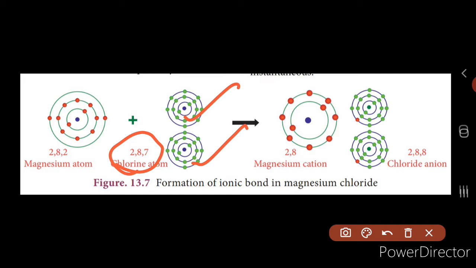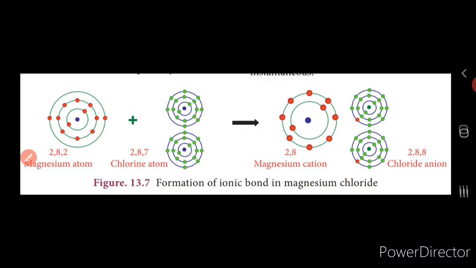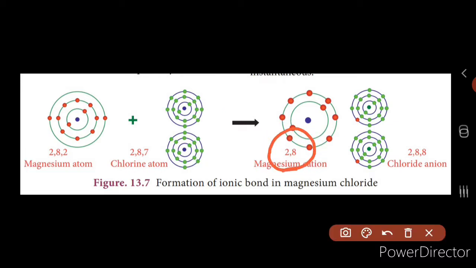So each chlorine gets 1 electron from the magnesium, and both the magnesium and the chlorine attain the stable electronic configuration. You can see here that the magnesium loses its 2 electrons, and by losing 2 electrons it attains the electronic configuration of 2, 8.